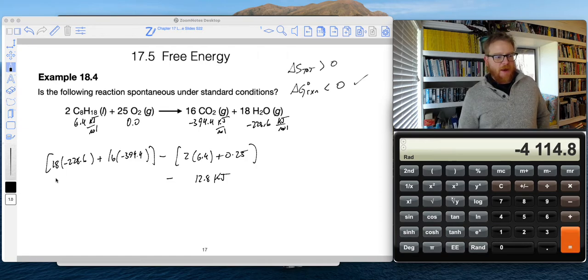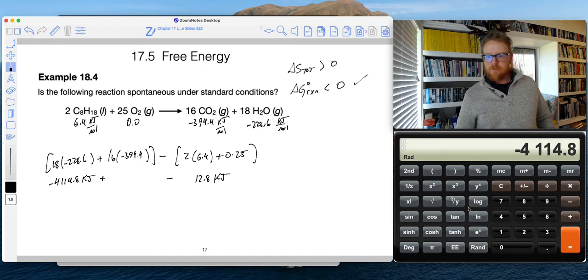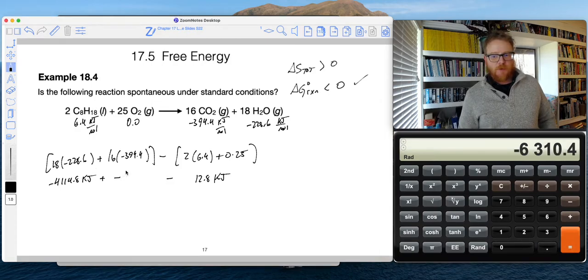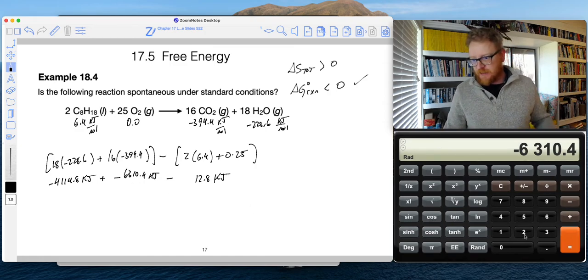That's a big number, so that's negative 4114.8 kilojoules, plus 16 times negative 394.4, and that's another giant number. So negative 6310.4 kilojoules. So hopefully you can see this is all definitely going to add up to be negative, but let's just do it just to get the total value.